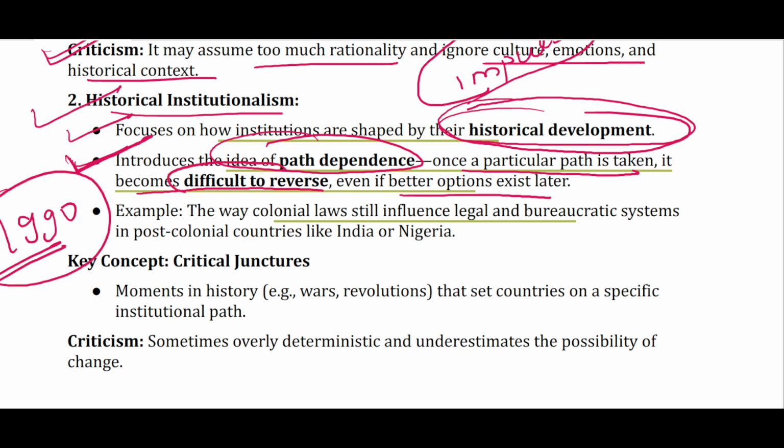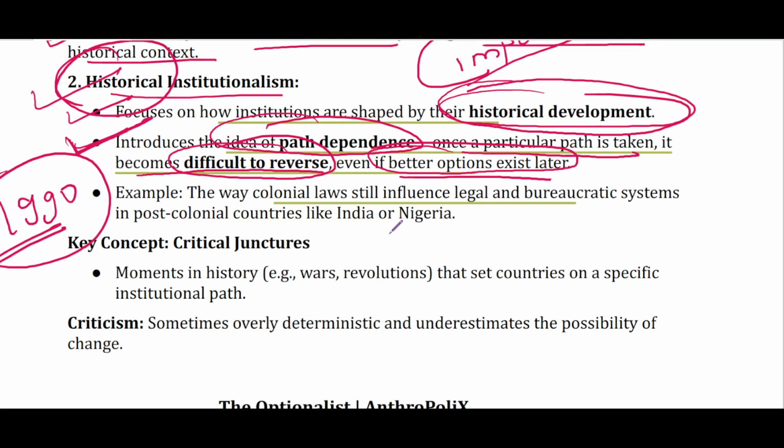Now, those reservations are difficult to reverse, even if we have many better options. Even if we have social capitalism or capital socialism or a neoliberalism idea along with a fusion of the Scandinavian model, we have many options, but this is the historical path we have taken, we cannot reverse it.